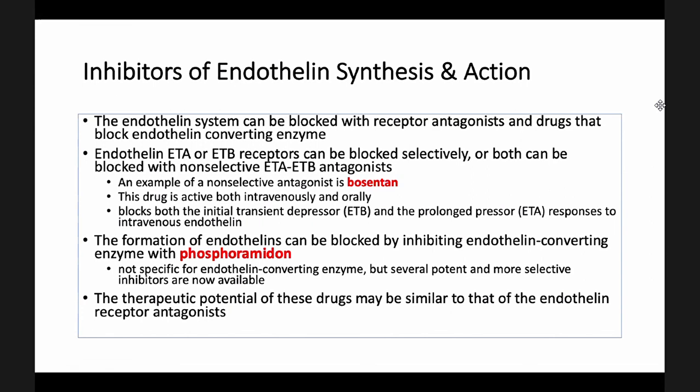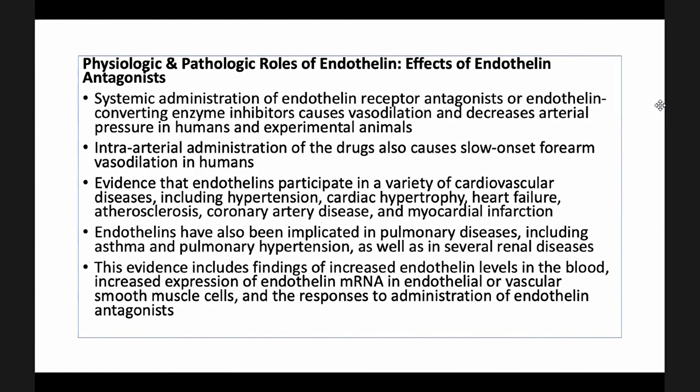So the formation of endothelins can also be blocked by inhibiting endothelin converting enzyme with phosphoramidon. So phosphoramidon is not specific for endothelin converting enzyme, but several potent and more selective inhibitors are now available. So the therapeutic potential of these drugs may be similar to that of endothelin receptor antagonists.